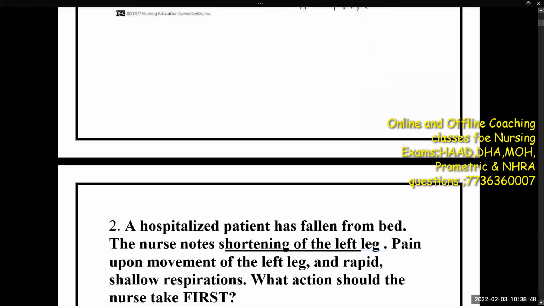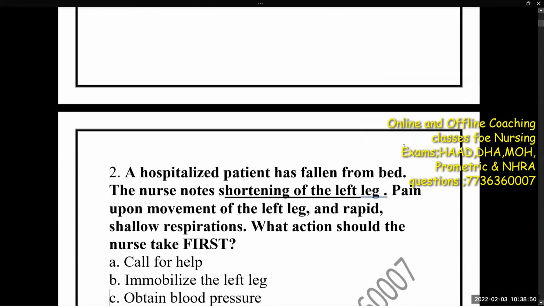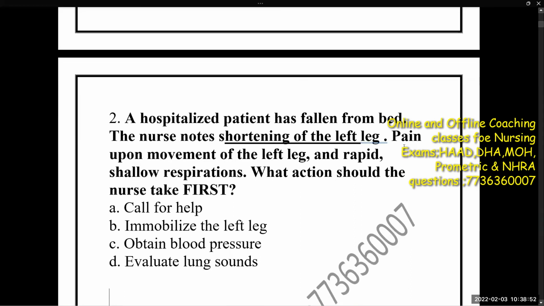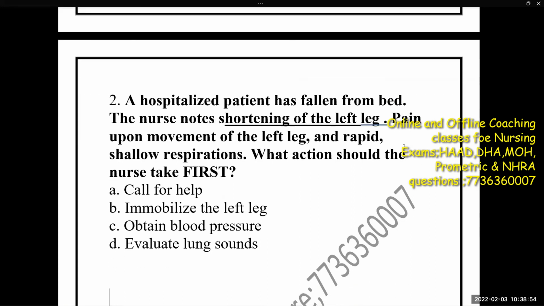Next question. A hospitalized patient has fallen from a bed. The nurse notes shortening of left leg, pain upon movement of left leg, and a rapid shallow respiration. What action should the nurse take first? Shortening of affected extremities is the sign of fracture.